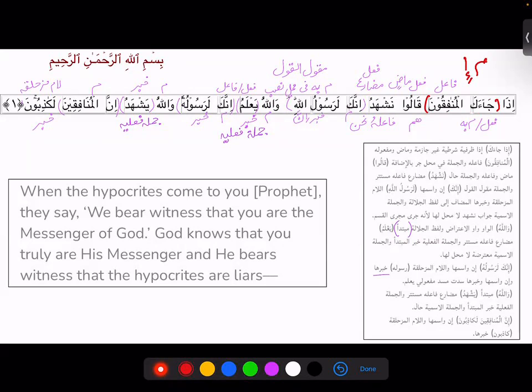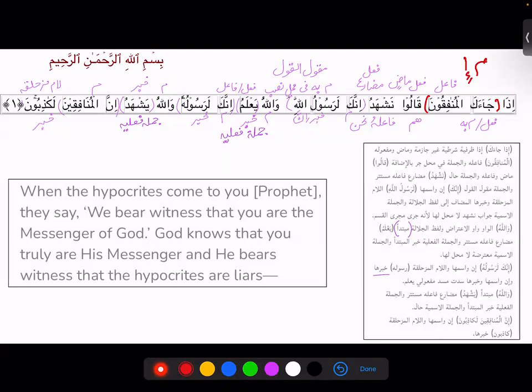Yes. Alhamdulillah. So when munafiqun will come to you, qalu, they would say what? Nashhadu, we testify. What kind of word is nashhadu? Fil mudari, fa'iluhu nahnu.